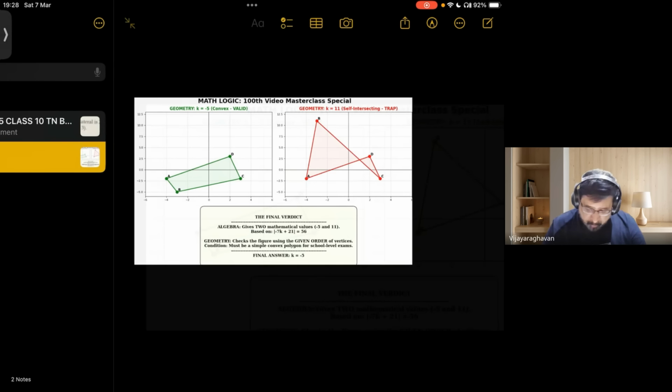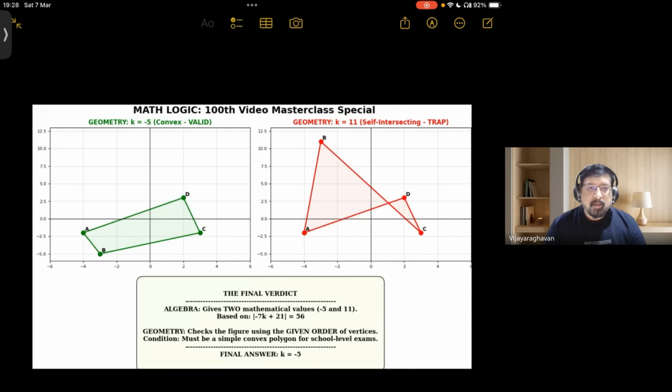See, this is what it is. You see, when k is minus 5, we are getting a quadrilateral, and when k is 11, we are getting some other figure, which is not a quadrilateral. Geometry checks the figure using the given order of the vertices. Therefore, k is minus 5.